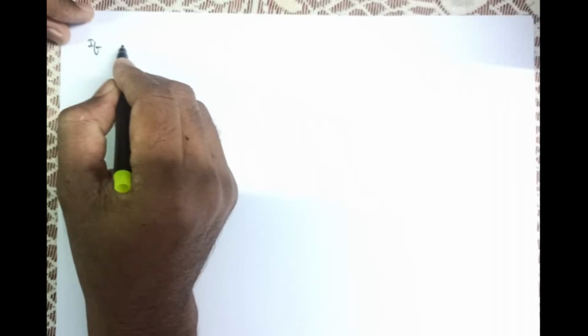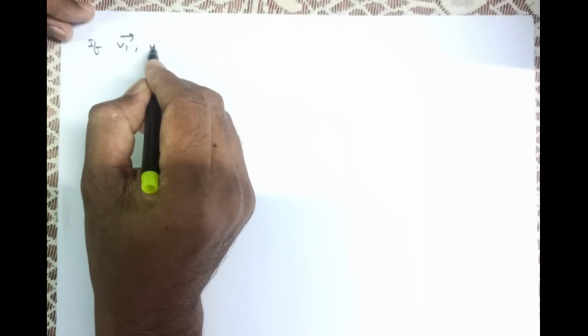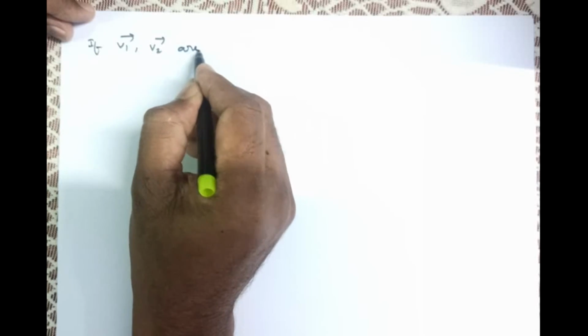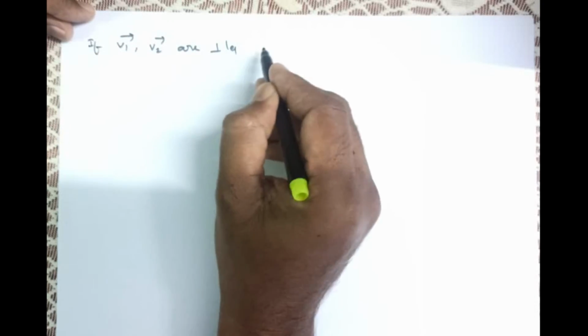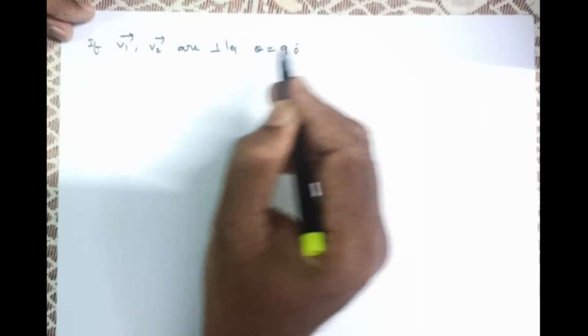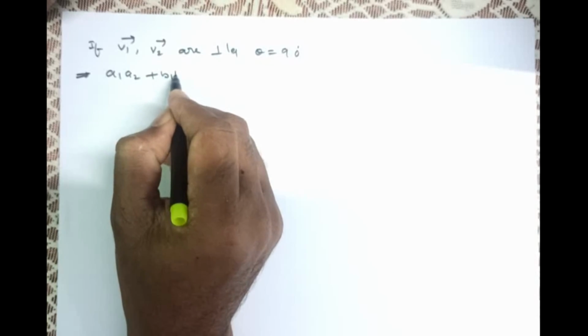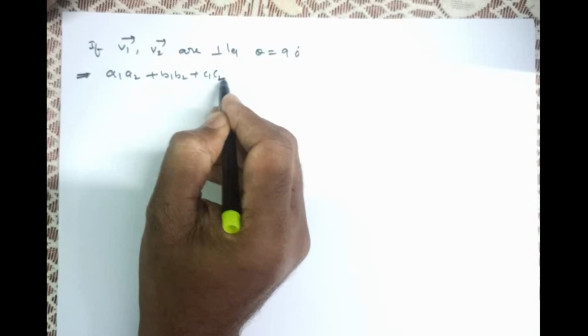If v1 bar and v2 bar are perpendicular, meaning theta is equal to 90 degrees, then what should the condition be? We substitute theta equal to 90 degrees, and it becomes 0. Zero into something is 0, so what remains is a1 a2 plus b1 b2 plus c1 c2 is equal to 0.